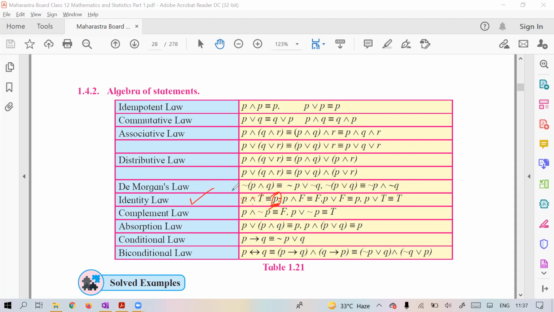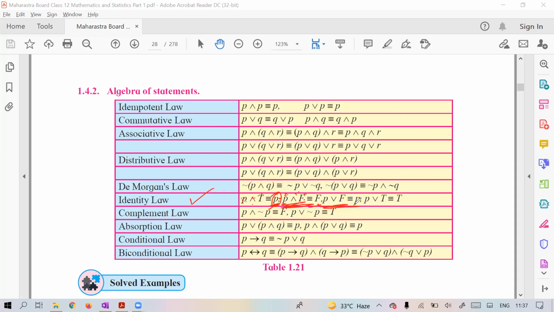Because if P is true, then true and true is true. If P is false, then false and true is false. That's it. P and false is false. So P is whatever, true or false. True and false is false, and false and false is also false. That's why P and false is always false, whatever P is. Again, P or false.